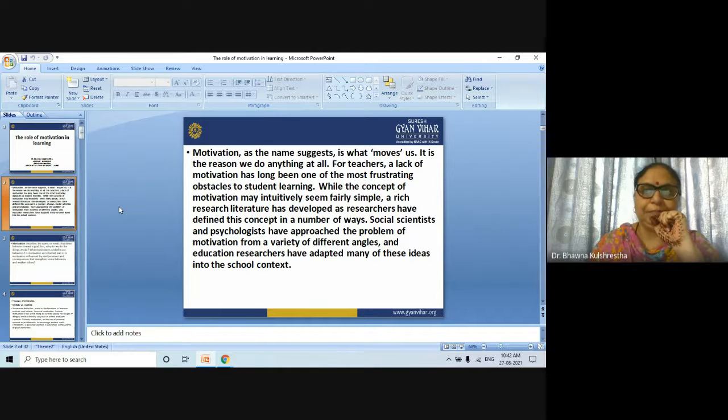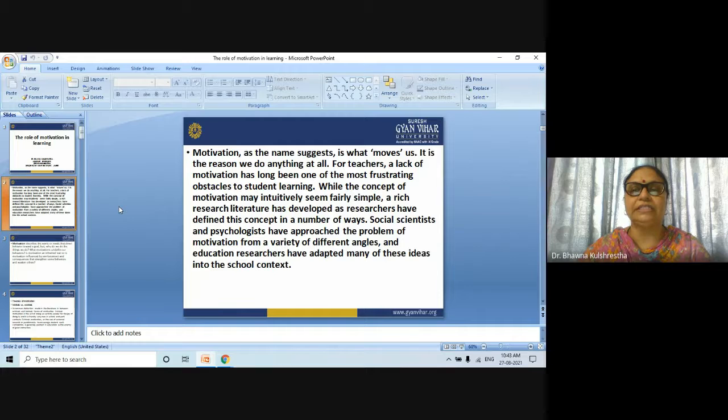For teachers, a lack of motivation has long been one of the most frustrating obstacles to student learning. While the concept of motivation may intuitively seem fairly simple, a rich research literature has developed as researchers have defined this concept in a number of ways.